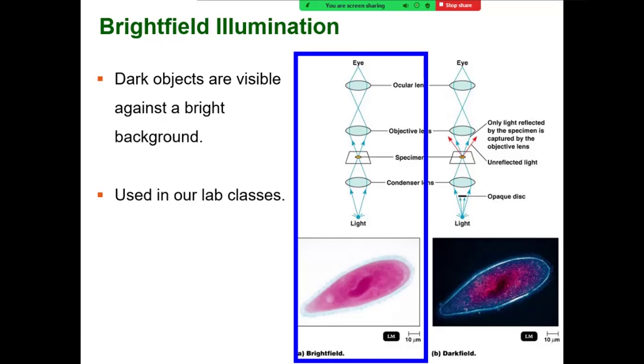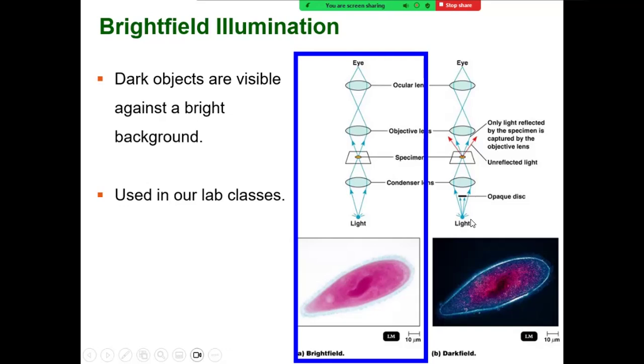So the only light we're getting from the lamp is light that is being refracted by the specimen into the objective lens. All other light is either blocked by the opaque disc or is at such a steep angle that it is not captured by the objective lens. So this one will come through and will not be captured by the objective lens.